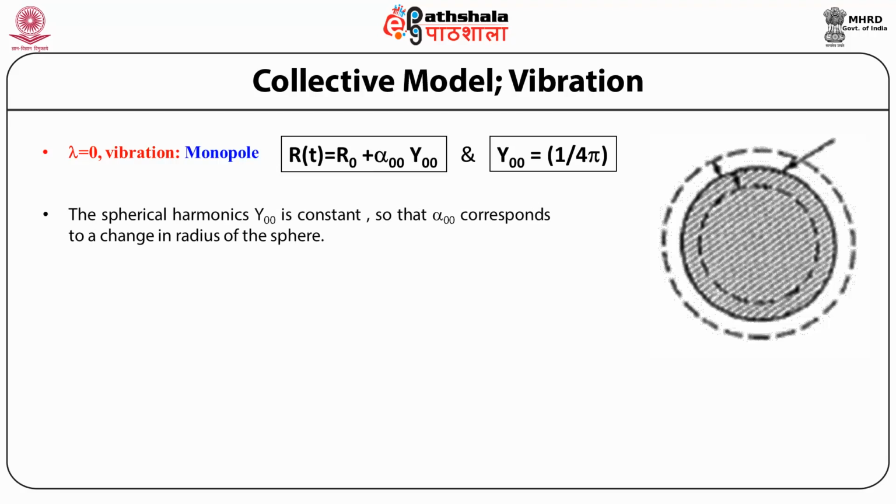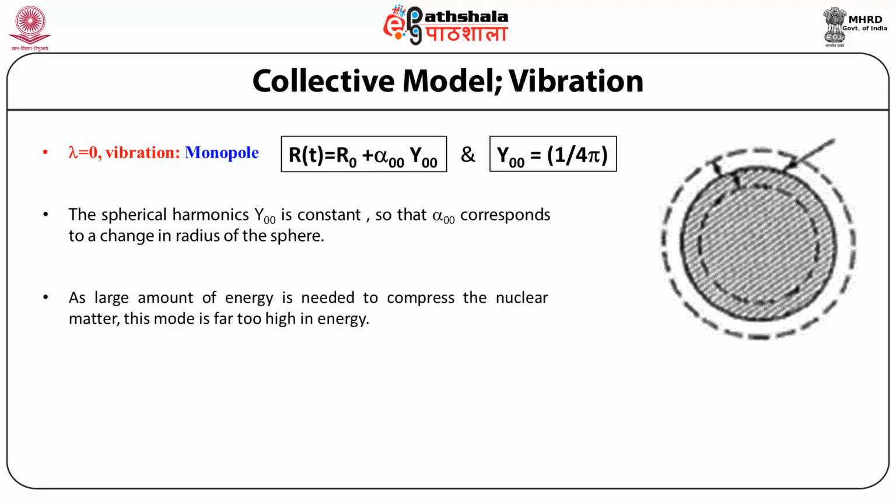The spherical harmonic Y00 is constant, so α00 corresponds to a change in radius of the sphere. It is very interesting to note that Y00 is a constant.